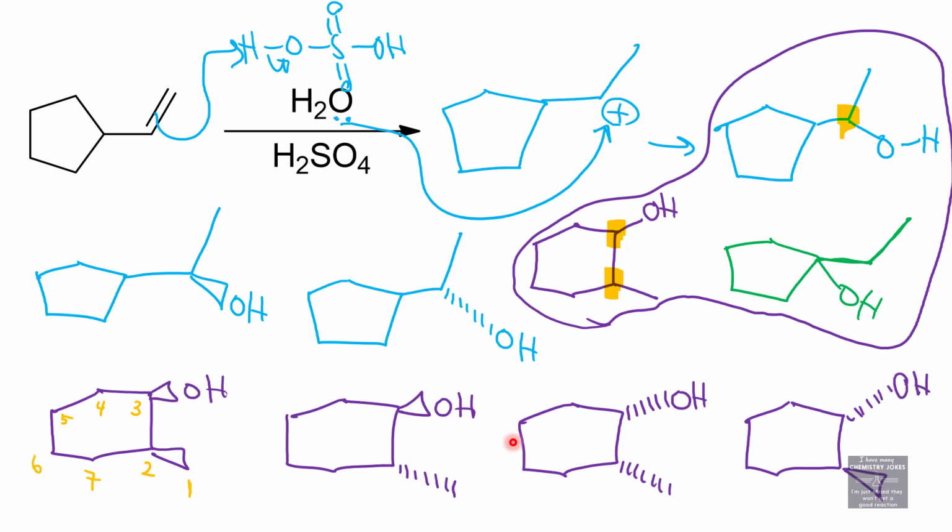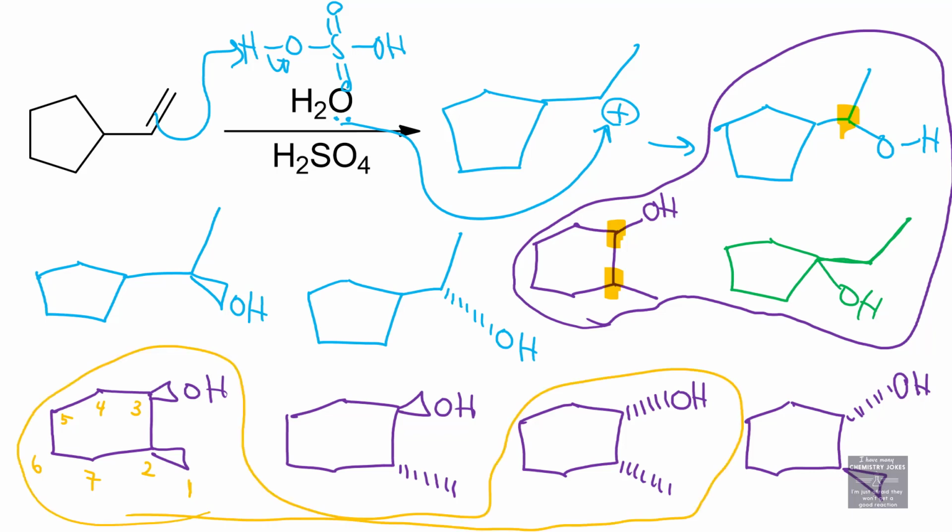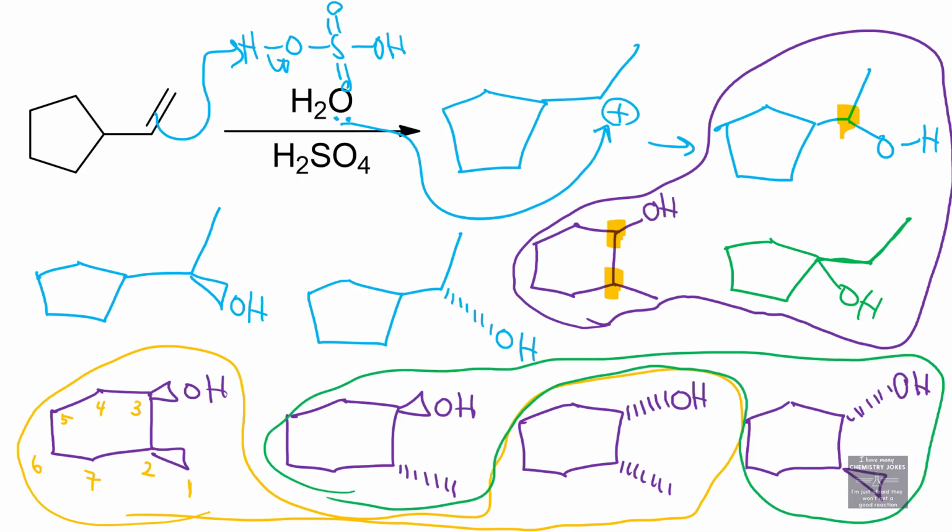So because both of those asymmetric carbons should be racemized, we get a racemic mixture of all 4 possible stereoisomers. I said racemic mixture, but I should clarify. These 2 compounds are enantiomers, and those 2 compounds are enantiomers. I get 2 pairs of enantiomers out of this.